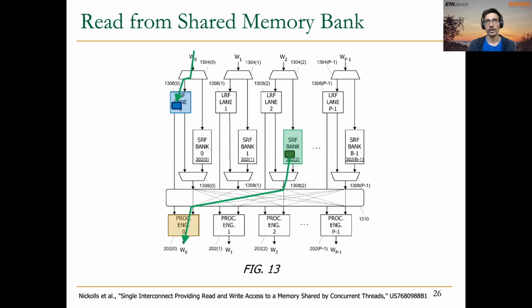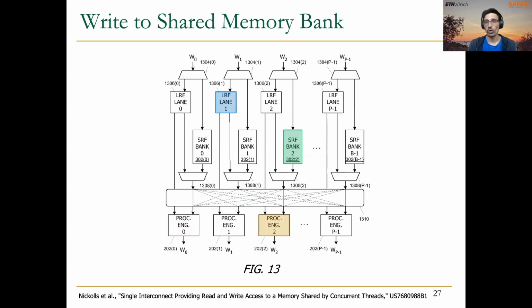And there we get the value from the shared memory. Or we can perform the operation in the other direction, right? We may want to write something to a shared memory bank. So we have one value in one register in this register file lane here, and by using the interconnect, we can write into the corresponding shared memory bank.